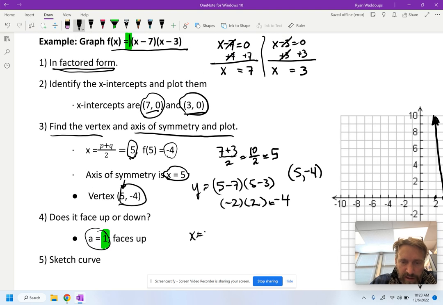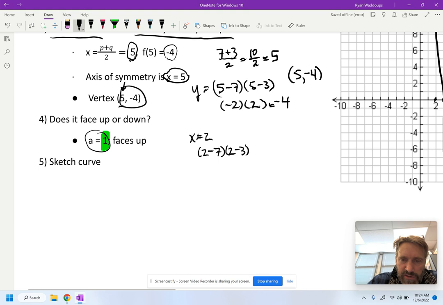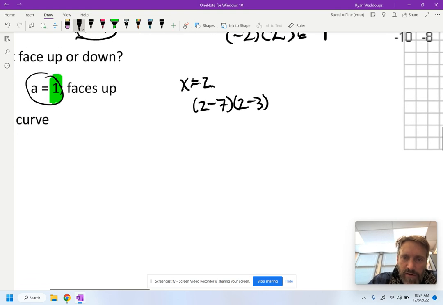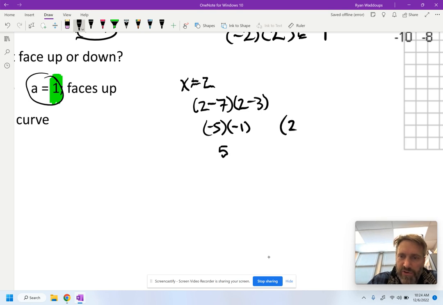What happens when x equals 2 would say that's 2 minus 7 times 2 minus 3. And 2 minus 7 would be negative 5, and 2 minus 3 would be negative 1. And a negative 5 times a negative 1 is a positive 5, and so the point 2, 5 is on our graph.